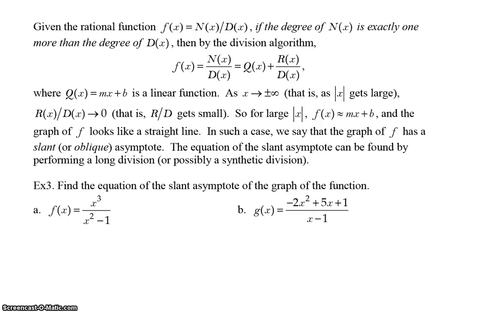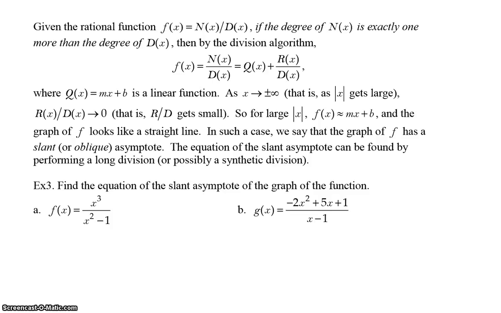This is what we saw in the example we were just looking at a moment ago, the line that has the hole in it. And we'll return to that example and see that we can consider that as a case of having a slant asymptote. So in such a case, we say that the graph of f has a slant or oblique asymptote.